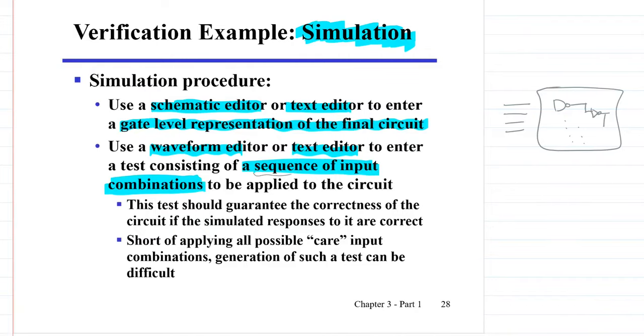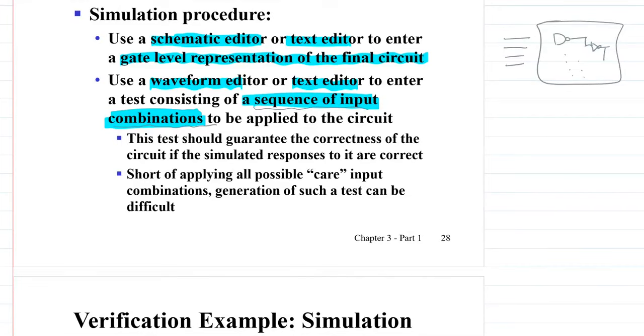Then we prepare the inputs, a sequence of input combinations to be applied to the circuit. Then we apply them, we obtain the outputs, and then we compare them to the actual signals that we should have from the specifications, and then we verify whether our design is correct or not.